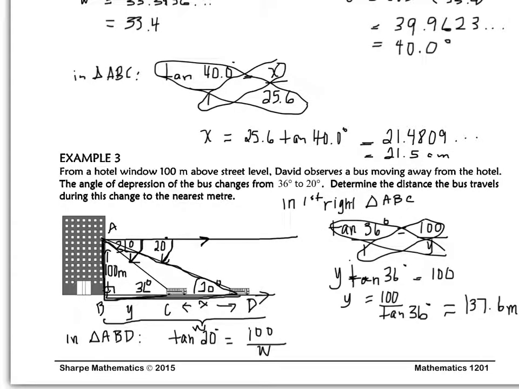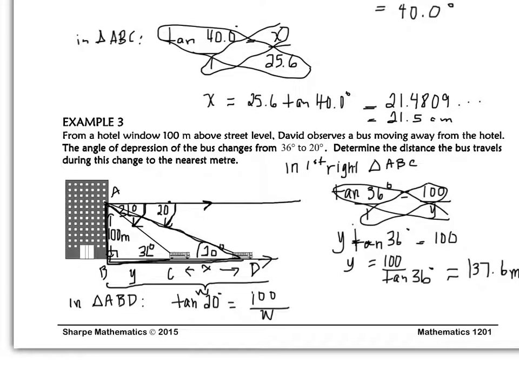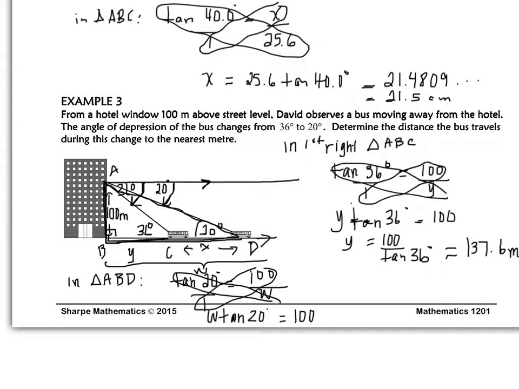So just kind of see if I can squeeze that in down here. Then that would put this over 1, and we cross multiply. We're going to get W tan 20 equals 100. So if we want to get W by itself, we're going to have to divide both sides by tan 20.